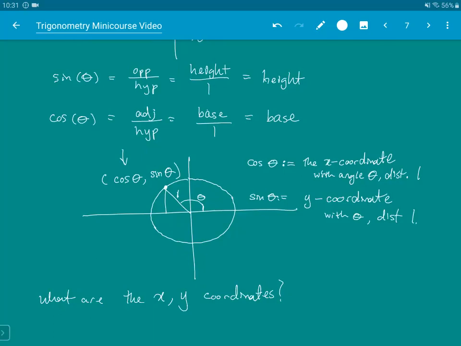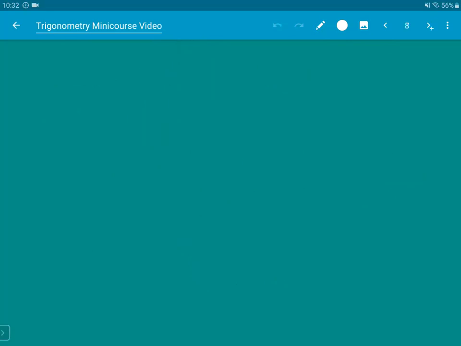But instead, I could tell you, okay, face in a certain angle and then just go forward. So that would be like me giving you the angle and then the distance. Okay, so in practice, to actually determine these coordinates, you do have to use a little bit of geometry and visualization. So let's look at examples of that.